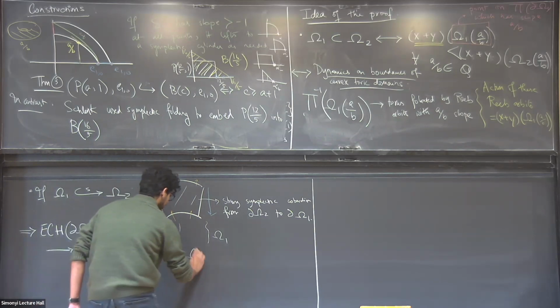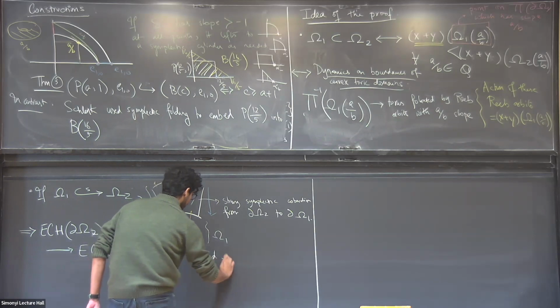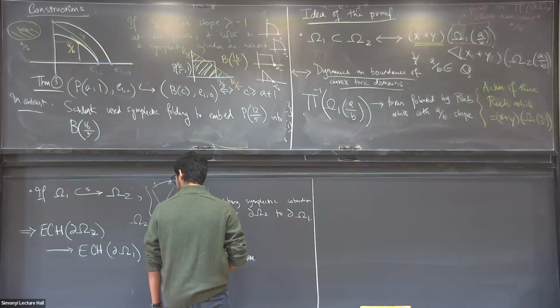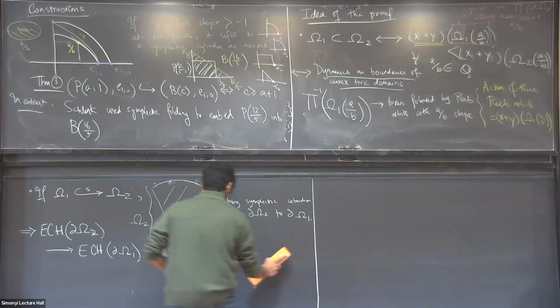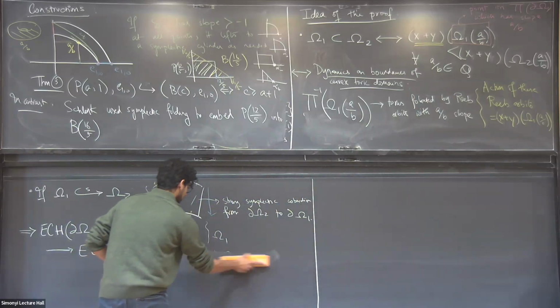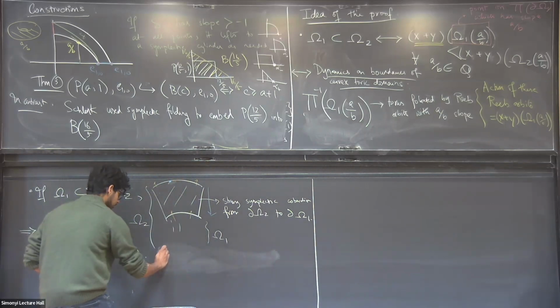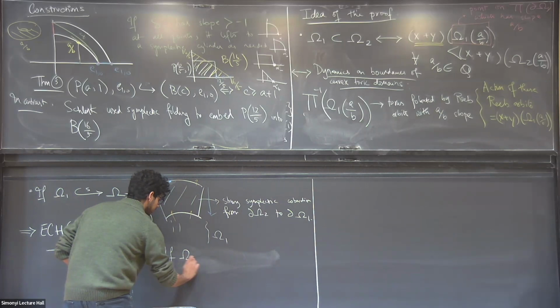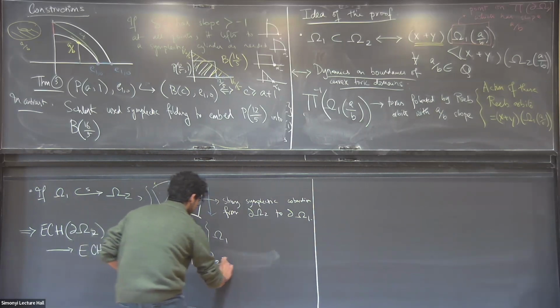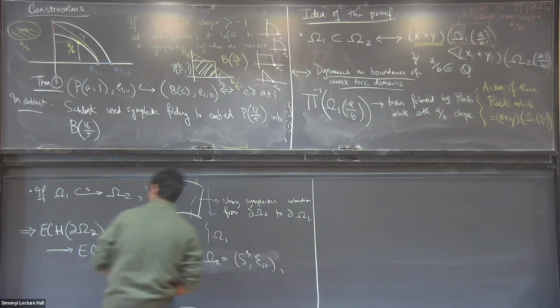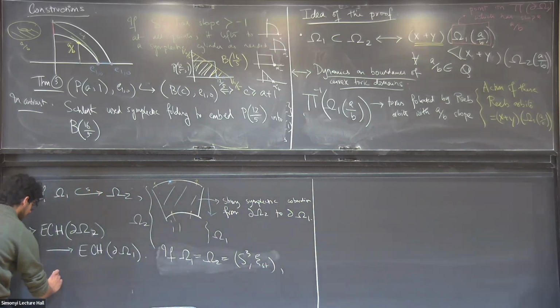If omega 1 equals omega 2 equals the standard complex structure, we get an isomorphism.